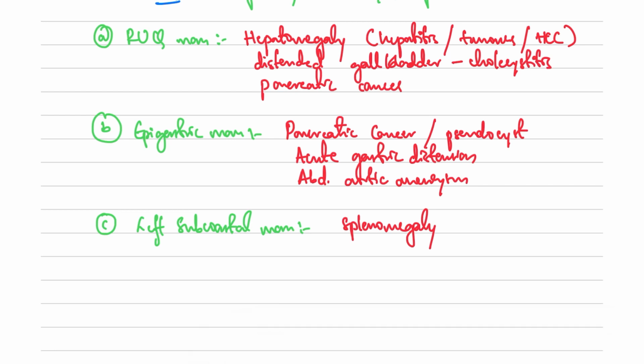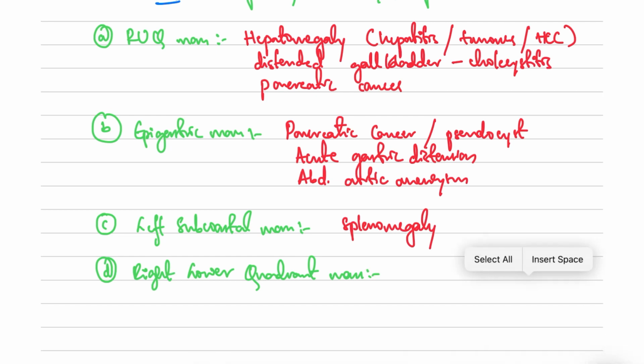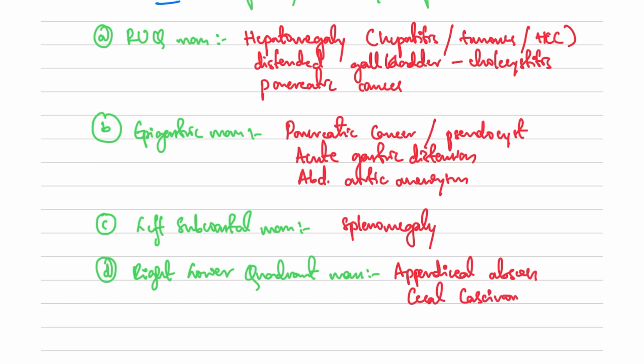Then moving on to the right lower quadrant mass, it can be an appendiceal abscess, and it can also be a cecal carcinoma as well. Cecal carcinoma.